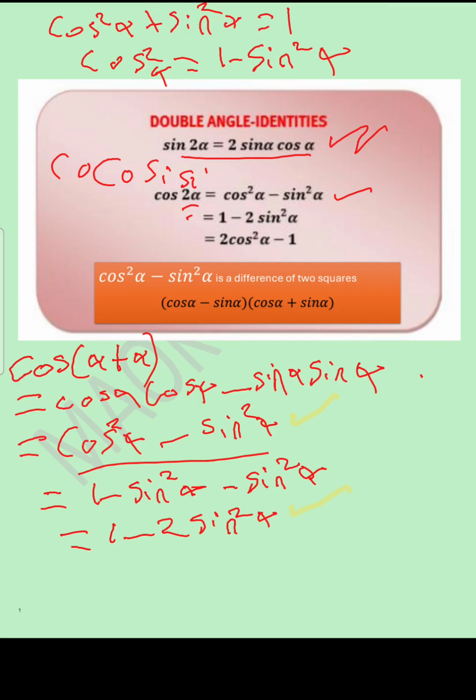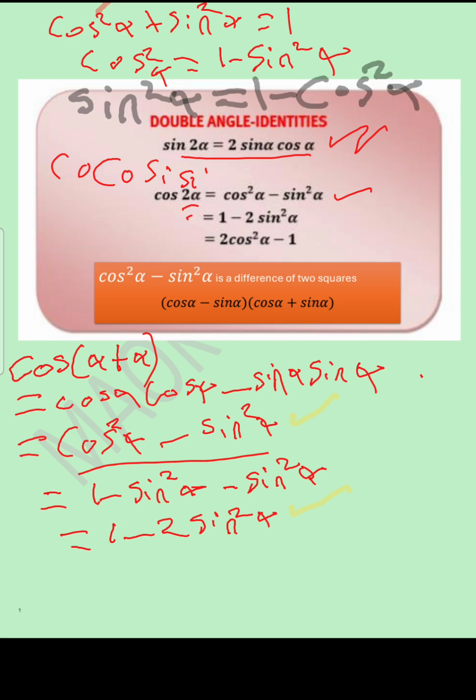For the third one, we do this. Instead of transposing sine to the other side, now we transpose cos squared alpha to the other side, so that you are going to have sine squared alpha is the same as 1 minus cos squared alpha.